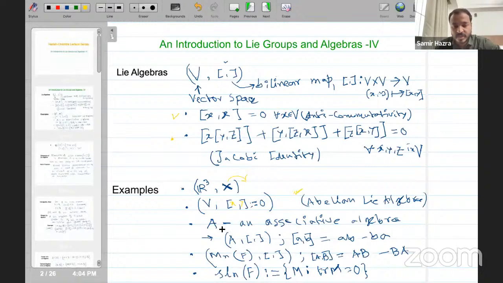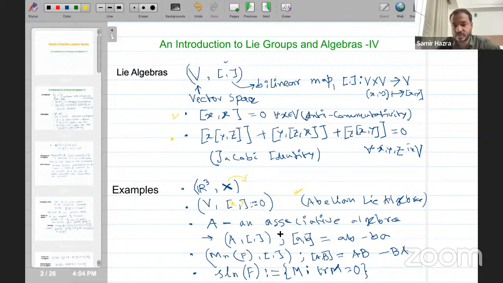Well, if we start with any associative algebra, which is a vector space with an associative product, out of that we can make a Lie algebra. We define the bracket of A and B as AB minus BA. Then with this bracket, the associative algebra becomes a Lie algebra.